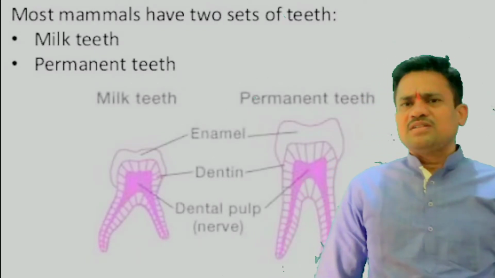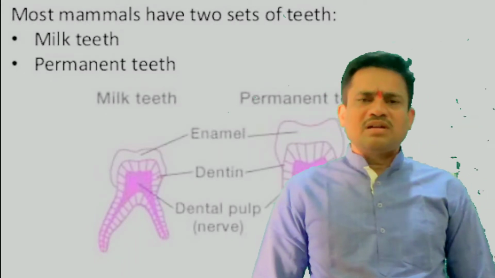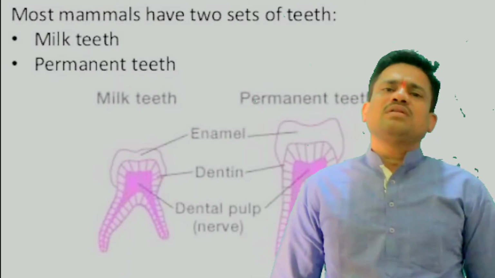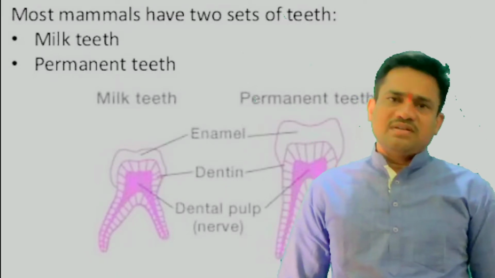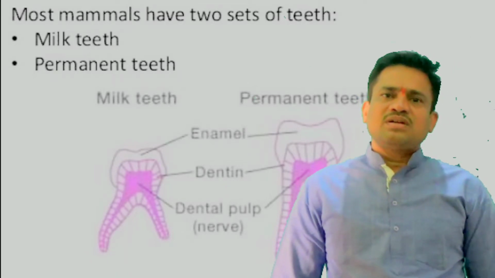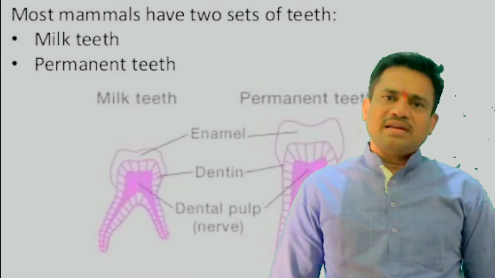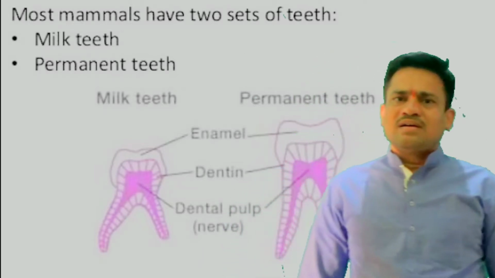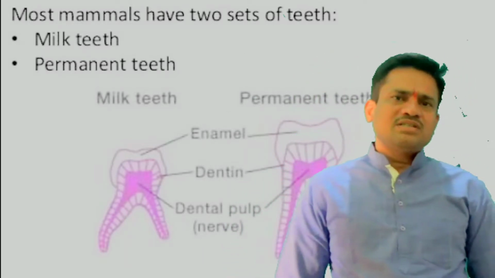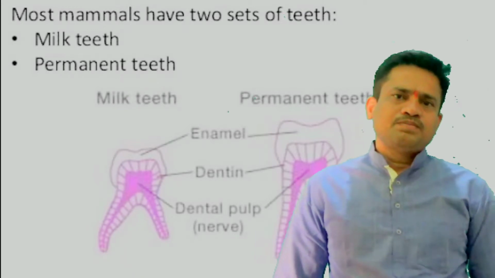Generally every tooth has a particular function. For example, in human beings four types of teeth are there: incisors, canines, premolars and molars. So what is the nature of these four types of teeth?